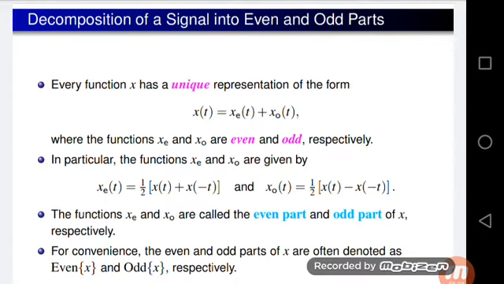We know some common rules. The sum of even functions is even. The sum of odd functions is odd. The product of even functions is even. The product of odd functions is even. These are the most important rules for simplifying or solving problems.